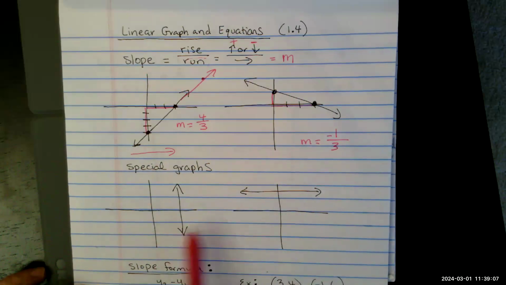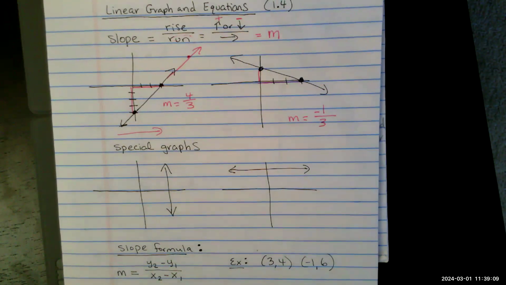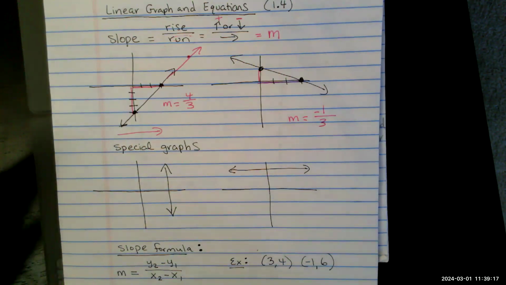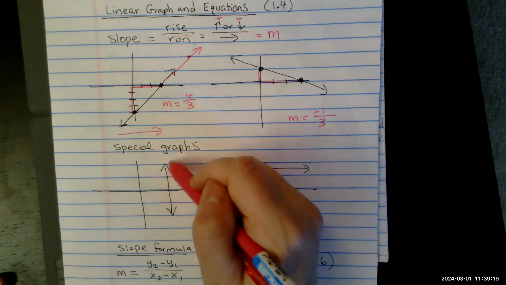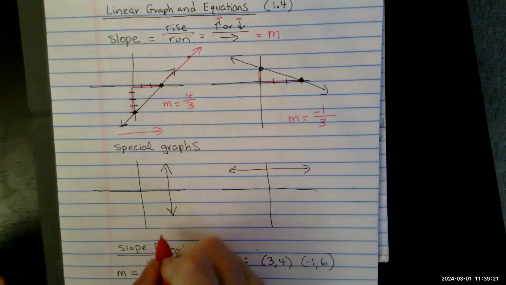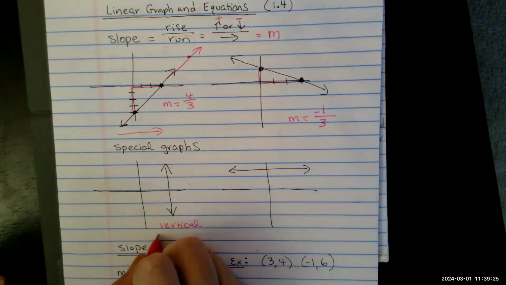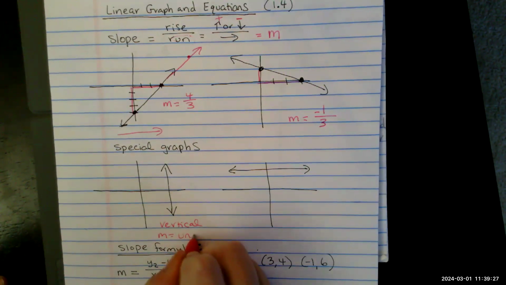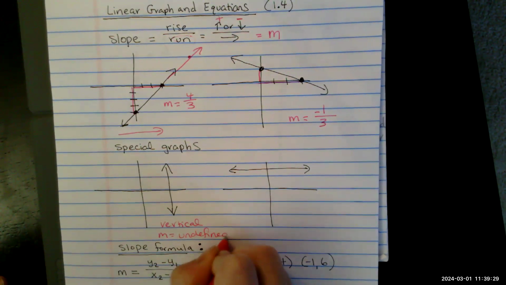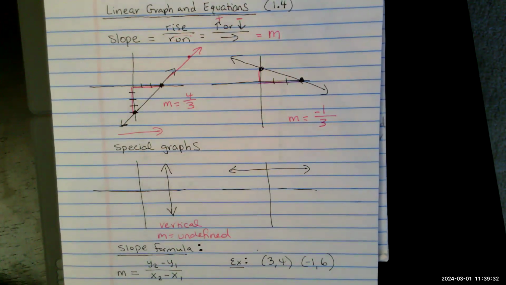Now, these 2 graphs I call special graphs because we do everything with them totally differently. You do not need to pick 2 points and count because it gets a little confusing. You just have to learn and memorize that anytime you have a line that's straight up and down, which we call a vertical line, the slope is always undefined. That's it. It doesn't have a number. You just say undefined.